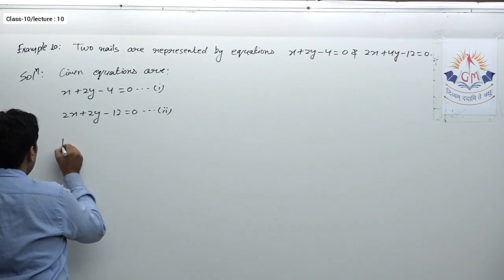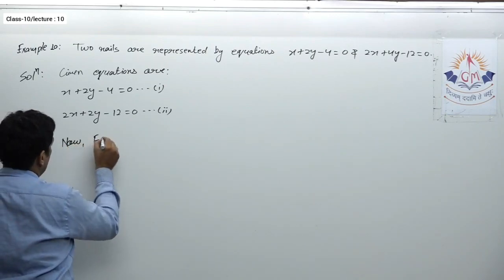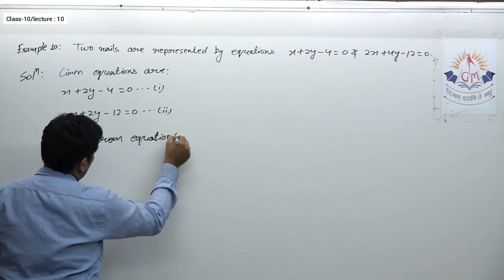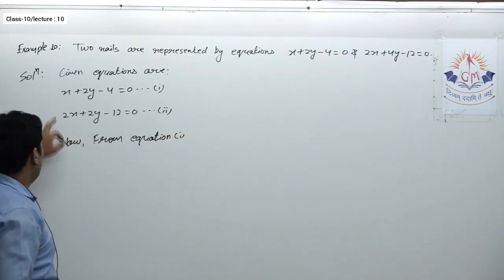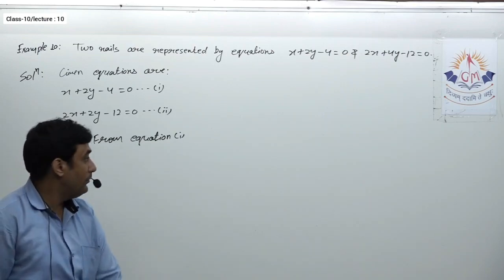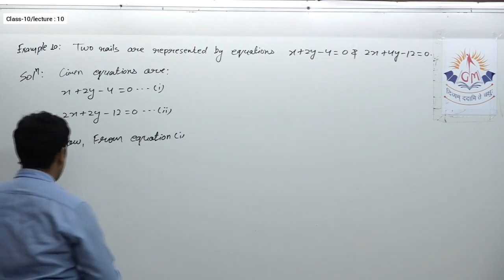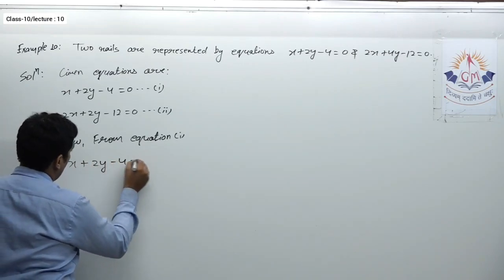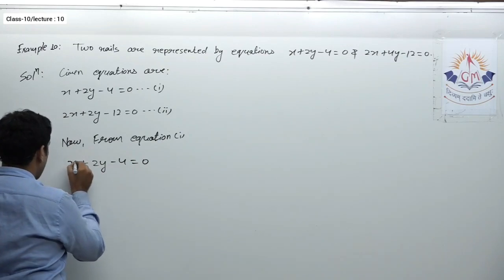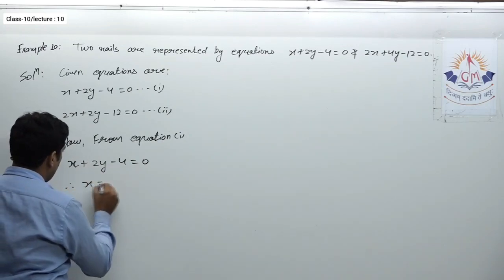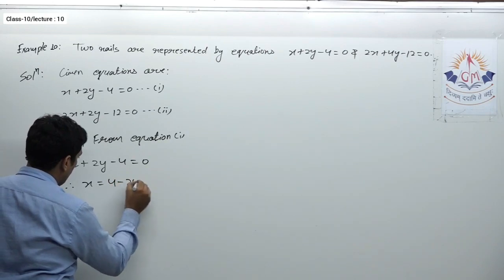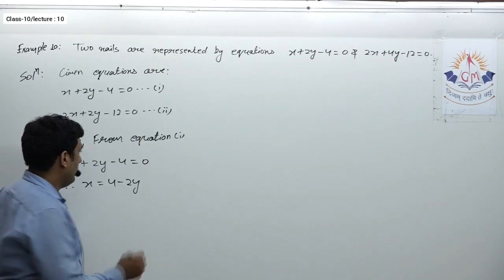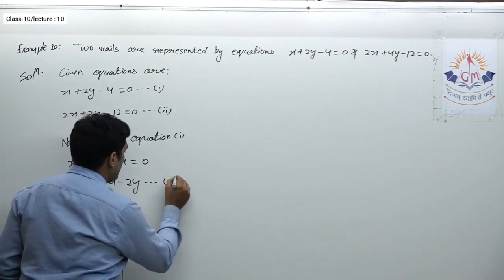So now from equation 1 we have to obtain the value of x. From equation 1 I write x plus 2y minus 4 equal to 0. Therefore I can write x is equal to 4 minus 2y. Minus 4 will come over here as plus 4, 2y will come over here as minus 2y, and I will say this is my equation number 3.